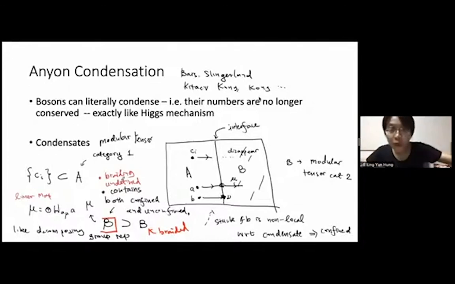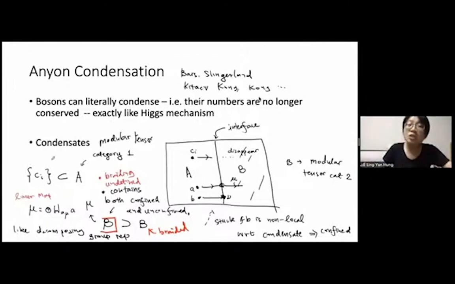The new ground state is a sum over electric charges with different numbers. So electric charge is no longer conserved, and then in the new theory, you get a new braided tensor category, and some of the stuff in A would become confined. So this is a physical process.